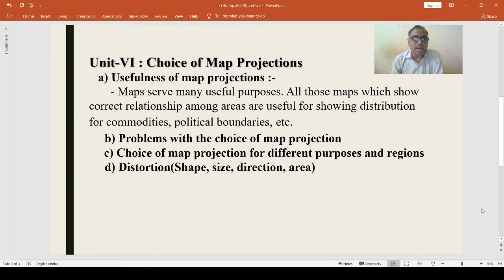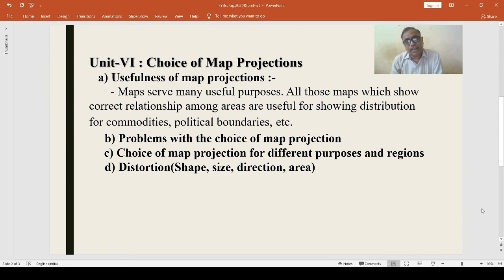Then map of Kenya, Colombia, Ecuador, Brazil, Guyana. Here cylindrical equal area projection is used. Then map of Andaman and Nicobar Island, Cape Cairo Railway, Nile Valley. These are represented by the sinusoidal projection.